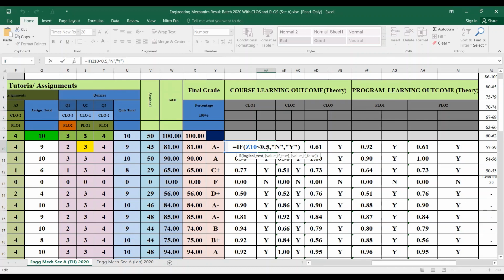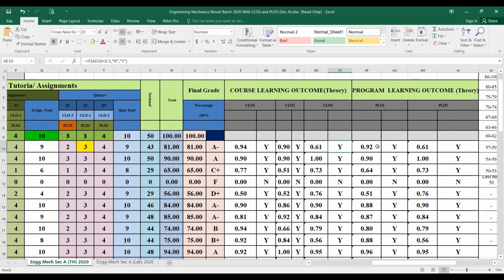If it is less than 50%, or you can say 0.5, you have to select this column, whatever the student attained in CLO1, place a comma and put yes or no. If he gained more than 0.5, or more than 50%, it will be yes. And if he or she gains less than 50%, it will be no. So if it is no, it means that he did not pass the CLO1. Next, CLO2 and CLO3, and you have to put yes or no with CLO2 and CLO3 as well.